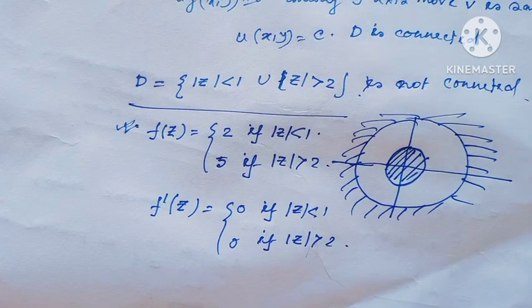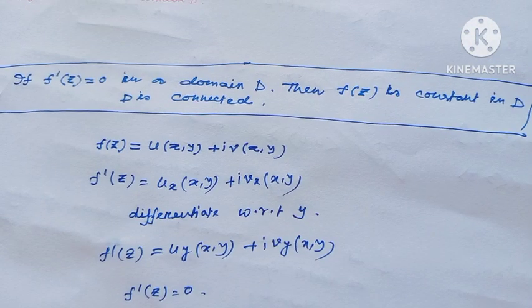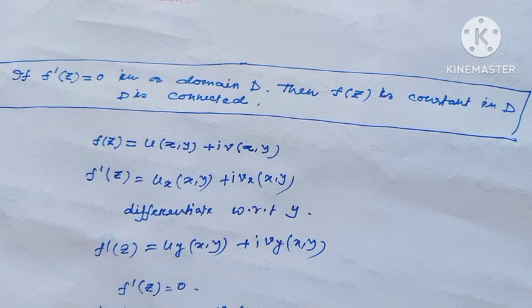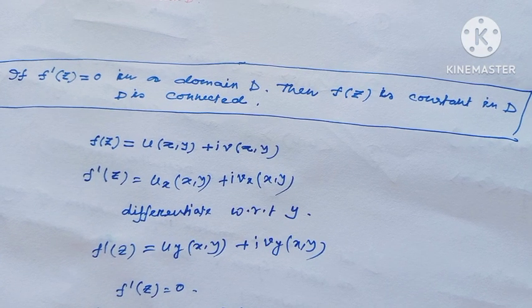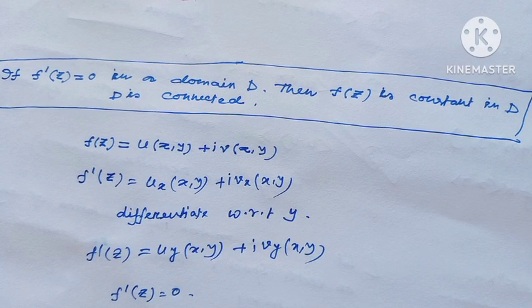So f'(z) equal to 0 implies the function f(z) is constant in the domain when the domain D is connected. I hope all my viewers have understood this clearly.